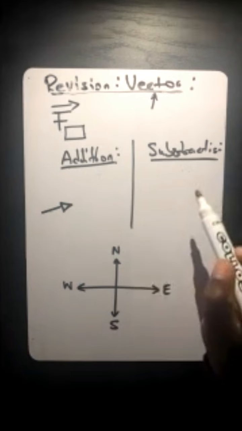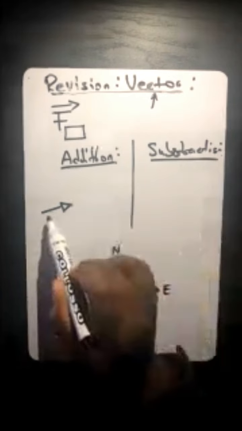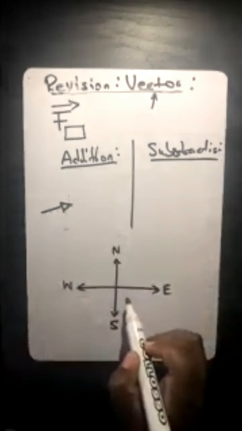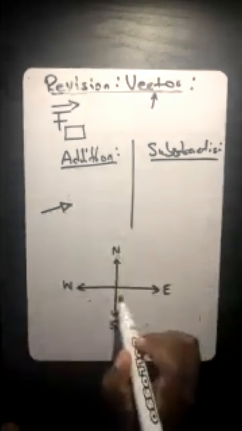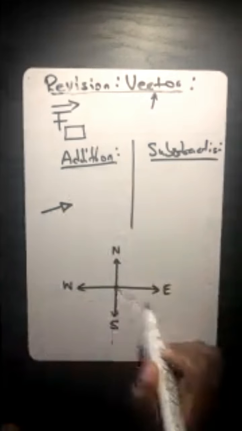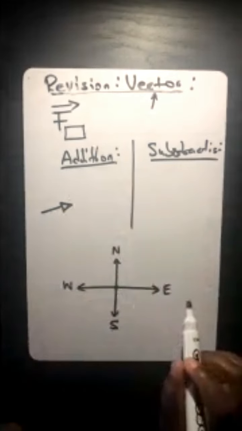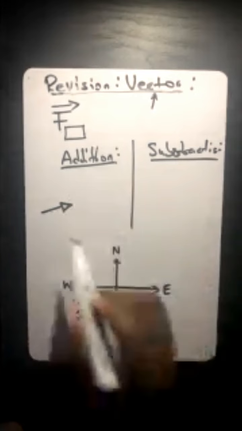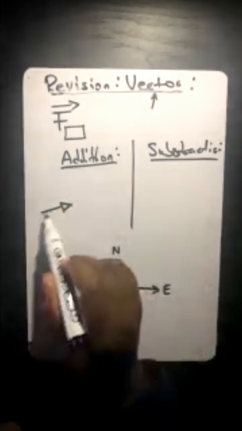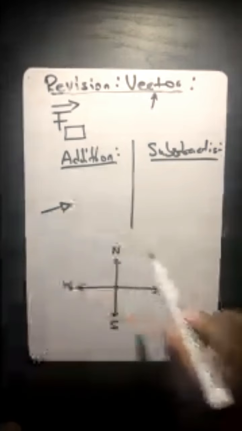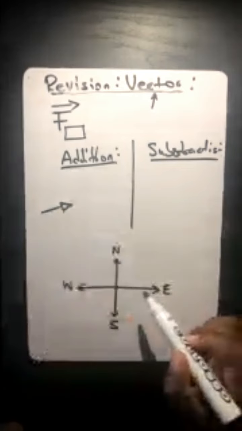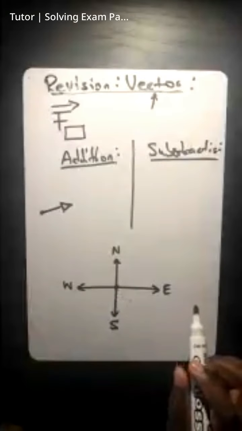So what I was saying is, every time we represent a vector graphically, think of a compass where you've got the origin over there. Obviously that arrow originates from the origin, which means the tail of the arrow originates from the origin.